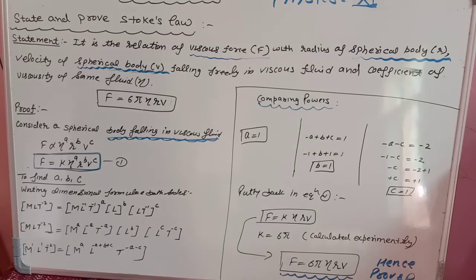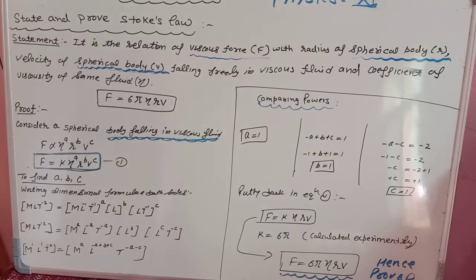So let us start, students. For this we are considering a spherical body. You can write initial lines like: a spherical body of radius R moving with velocity V in a fluid with coefficient of viscosity eta. That coefficient of viscosity eta is of the fluid in which the spherical body is moving.